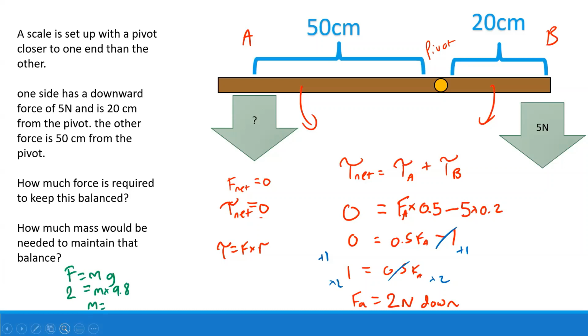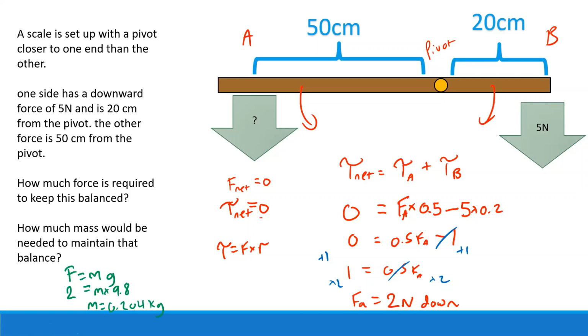It won't be 200 grams exactly, but it should be about that. 2 divided by 9.8 is going to give us 0.204. I'm pretty happy with that. So we would need about 204 grams, or a little bit more than 200 grams, to balance this out.